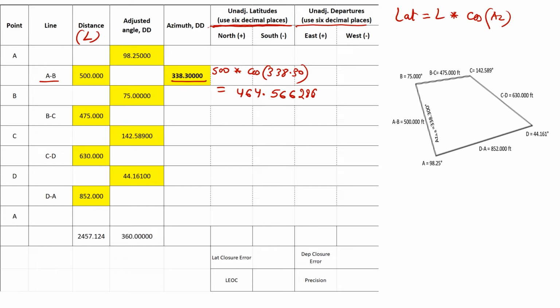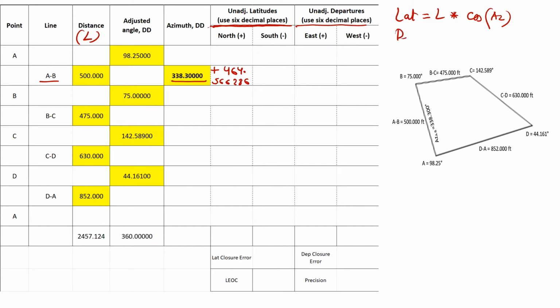This would be my latitude. Since this is positive, I write it in the north column. So plus 464.566286.